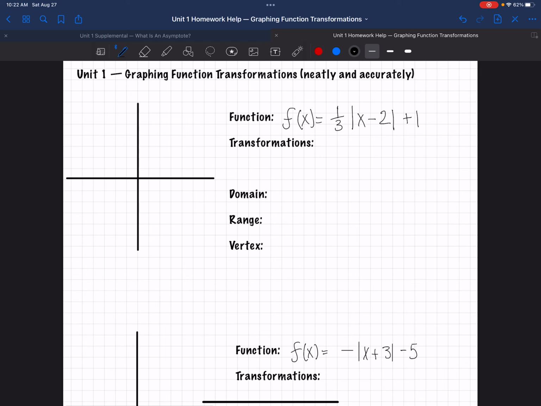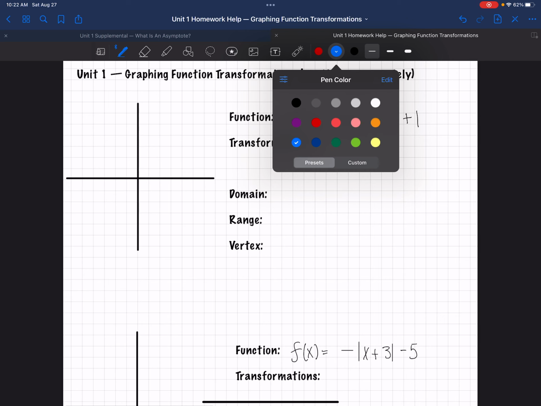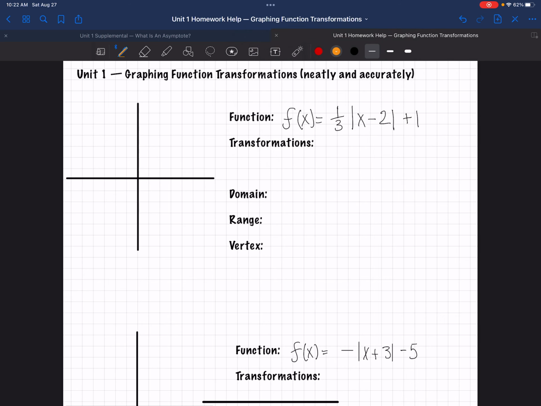Now, on the very first day of class, I said, I'm going to write this in yellow, so it was a little golden star here. Golden star. When you graph by hand, you need at least 3 points.